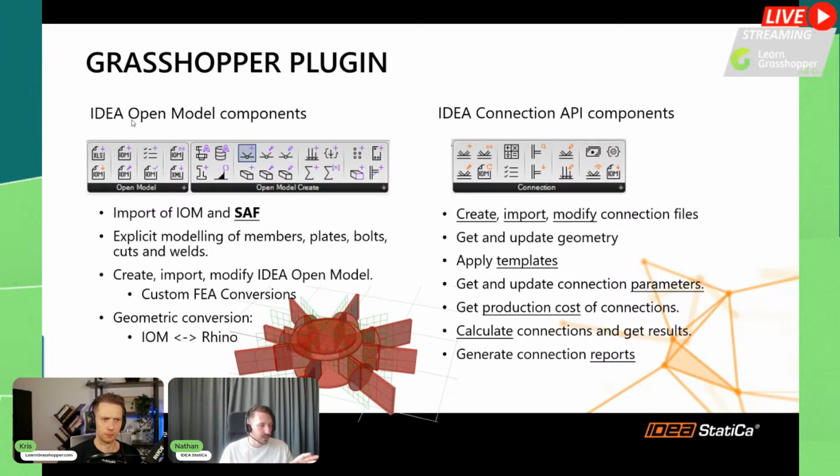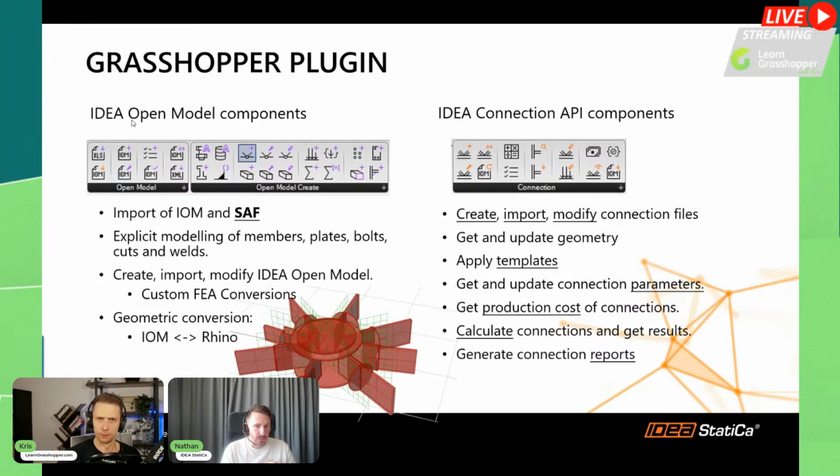The big thing with this is it holds the geometric conversion between our model and Rhino. That's how you can view the plates and bolts and welds within Rhino and Grasshopper, and we'll be showing some of this. It also allows conversion of SAF, the SAF file format.